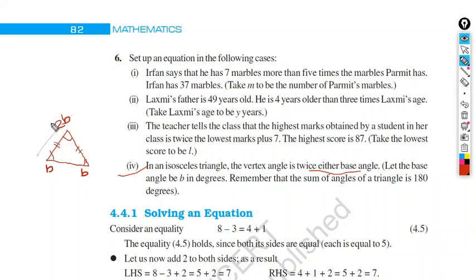We know the sum of all 3 angles of any triangle is 180 degrees. So you can write 2b plus b plus b will be equal to 180 degrees. Further you can simplify this equation: 2b plus b plus b, that means 4b. So 4b is equal to 180 degrees. So this is your equation.